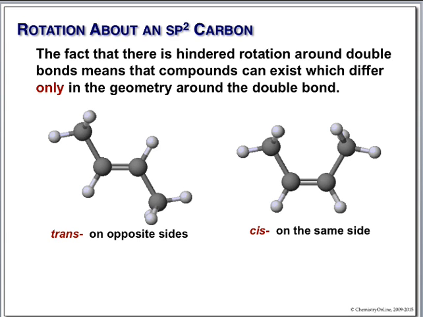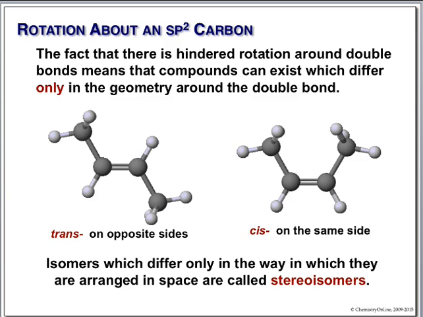On this one, we have our methyl groups on the same side of our double bond, and this is the cis isomer. Once again, these are stereoisomers. They have the same numbers and types of atoms. They simply differ in space. Now we're going to return to cis-trans isomers in just a little bit.